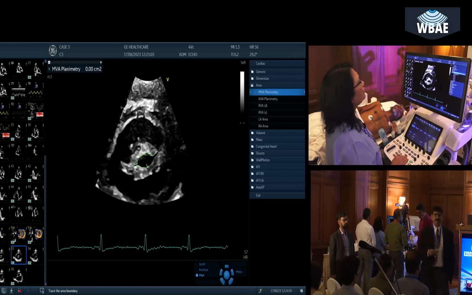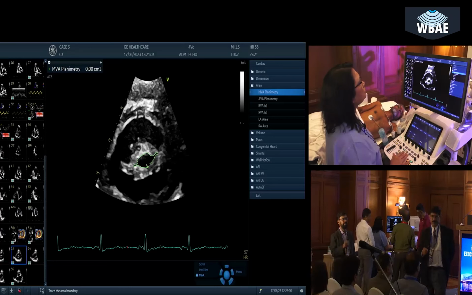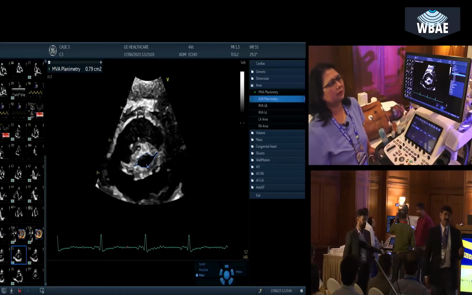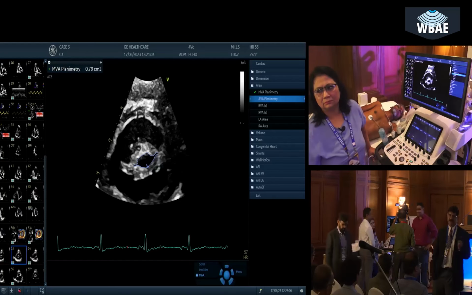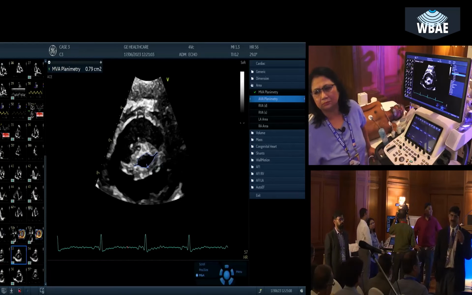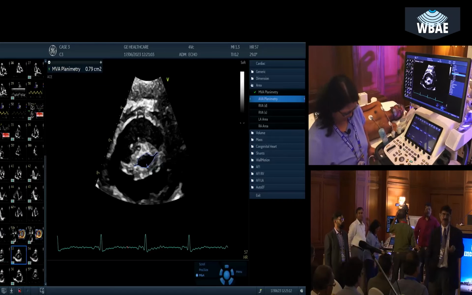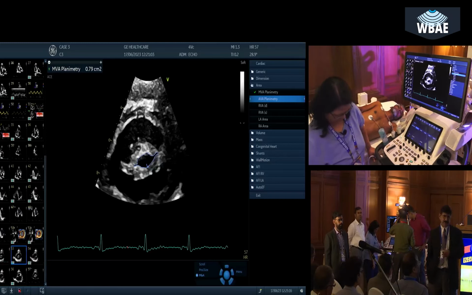And their gradients fall down. If the gradient is still 7, 8, valve area 1.4, I'm happy. But they do get a good relief from symptoms. And as far as the stress part is concerned, there is no gold standard to say this much increase in the gradient is when you should consider re-intervention or consider them symptomatic.